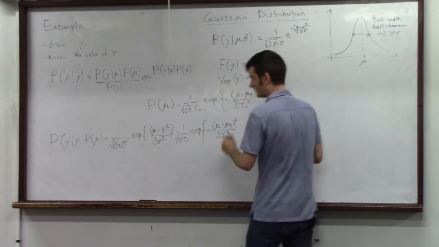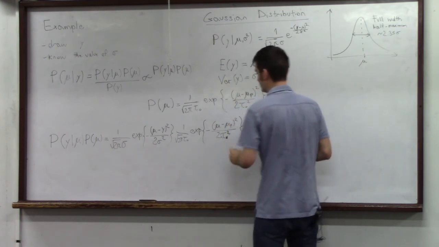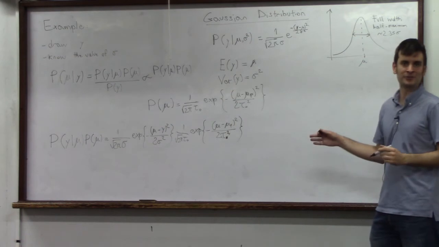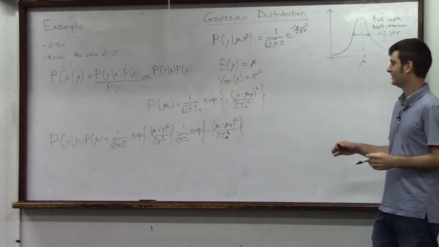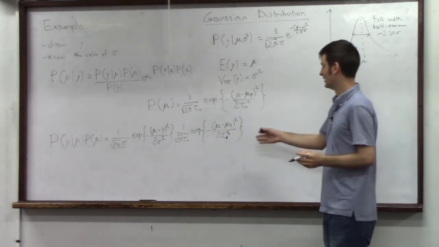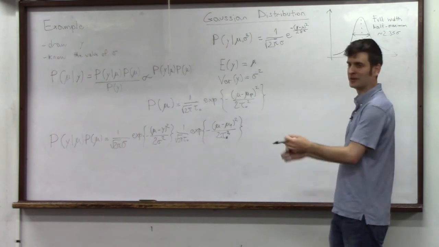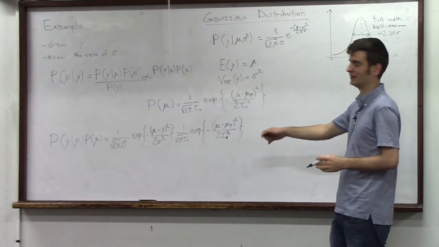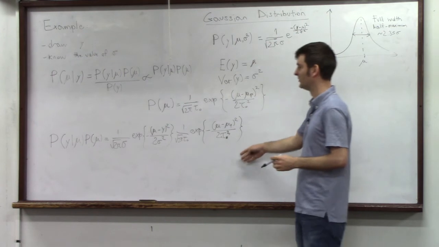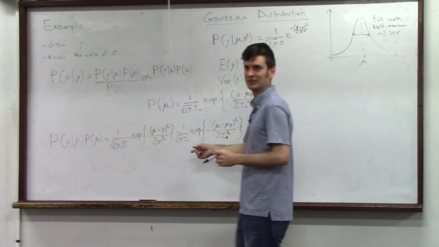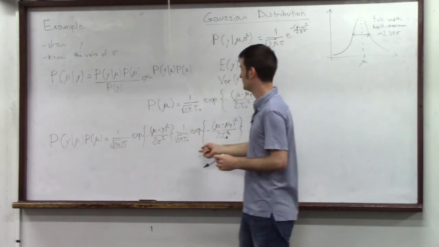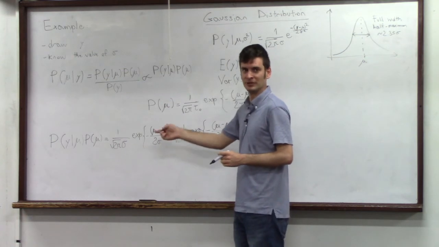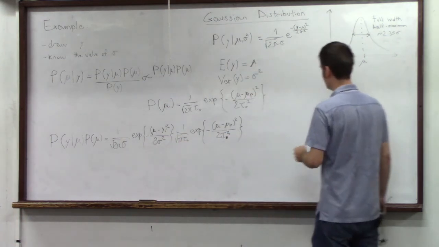Okay, we've got the product of two Gaussians. So one way to address the problem is to stop here and plot this function. We are interested in this as a function of mu. So this is the probability distribution of mu given everything else.